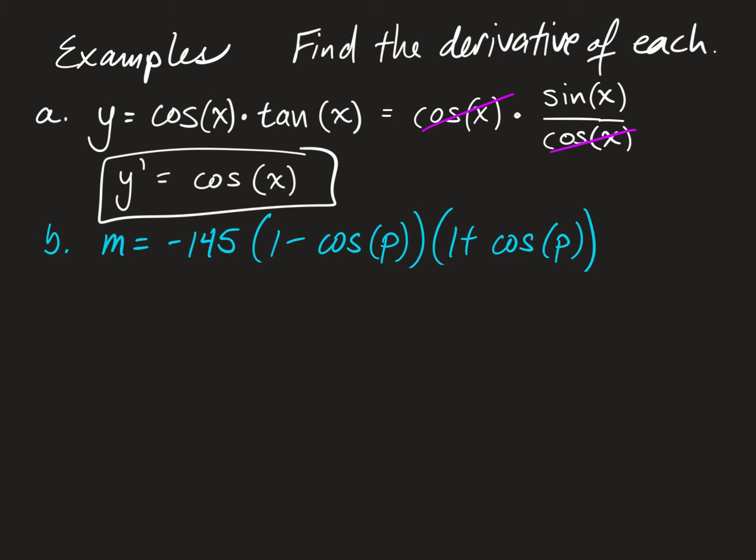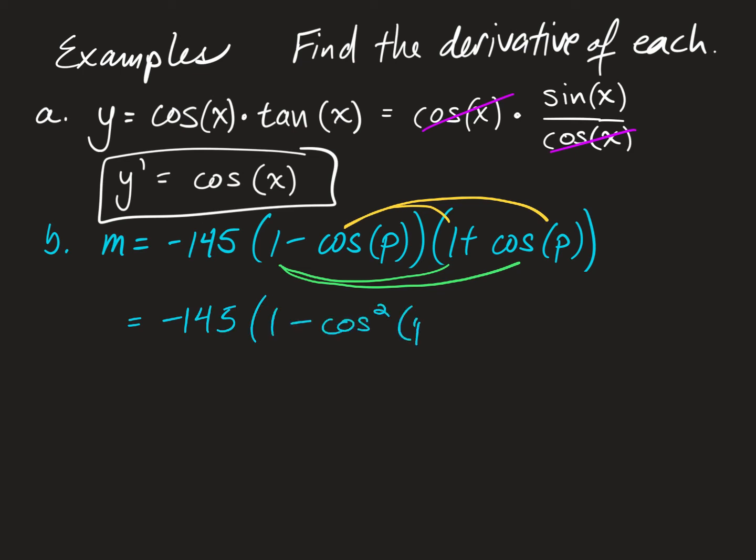But again, with this one, you might notice that if you distribute the 1 to both terms in the second binomial and the minus cosine to both terms in the second binomial, you might recognize this factored pair as a conjugate pair, aka in this case, the difference of squares factors. And it multiplies out very nicely just to be -145 times 1 minus cosine squared of p.